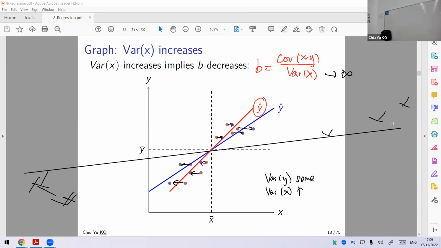So that's why the slope is related to variance of x, right? The more variability in x, the further apart, then the line will become much more stretched out, and eventually it becomes a horizontal line. Okay, is that clear why an increase in variance of x would make the line flatter? Is that okay?